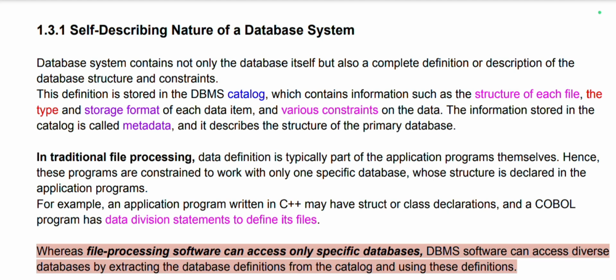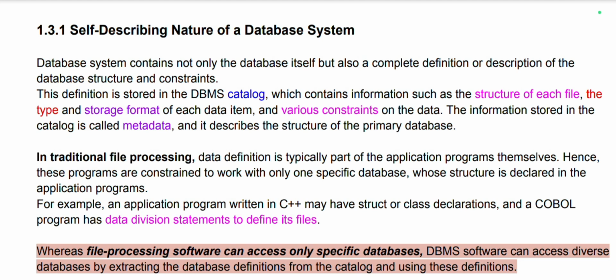What are the types that will be stored in the database? All these things are defined in the database catalog. And the storage format, what will be the format of storage, how this file will be stored, what will be the structure of this file. All these definitions are stored.